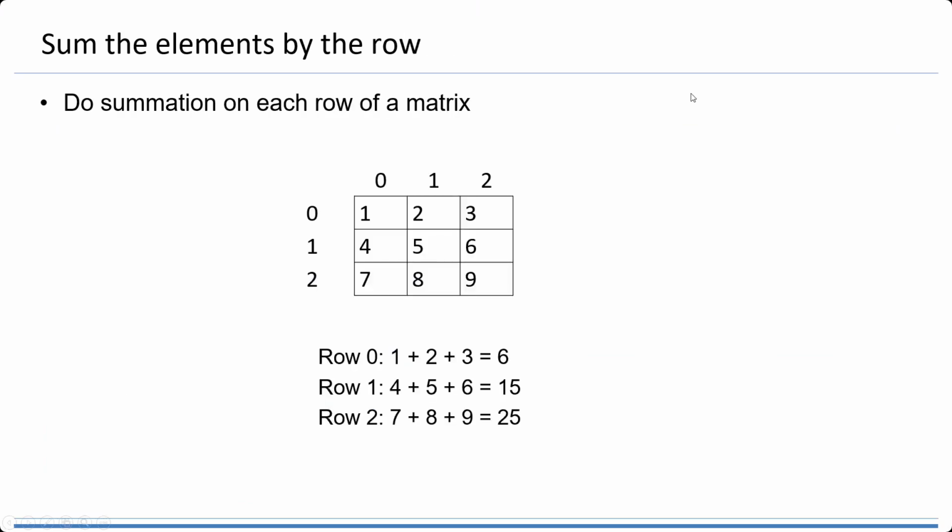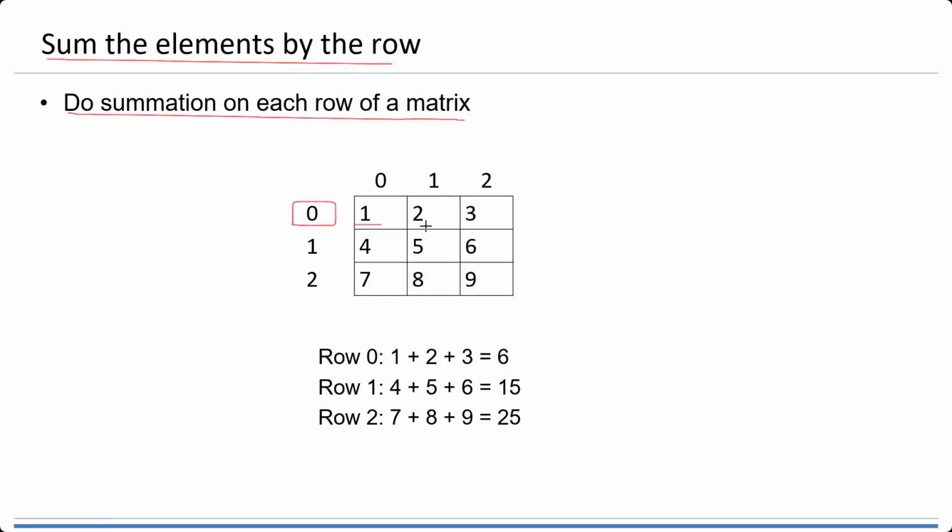The next section will be about how to sum the elements by the row. In this case, I think it is not that complicated. So do summation on each row of a matrix. The row means this index.